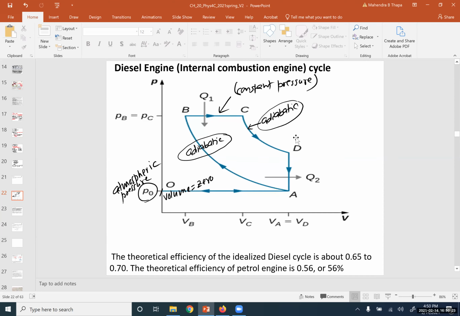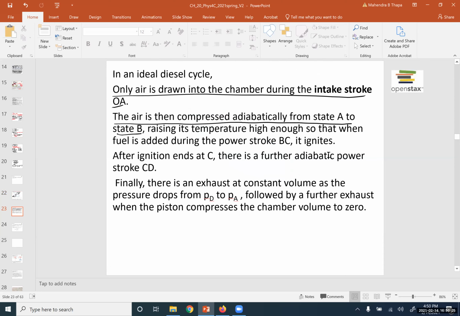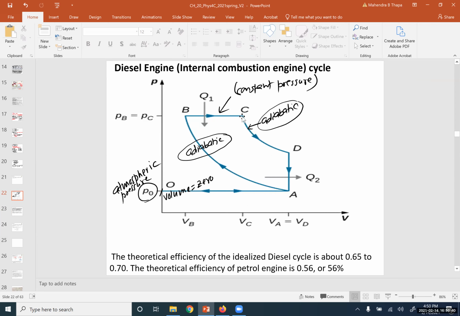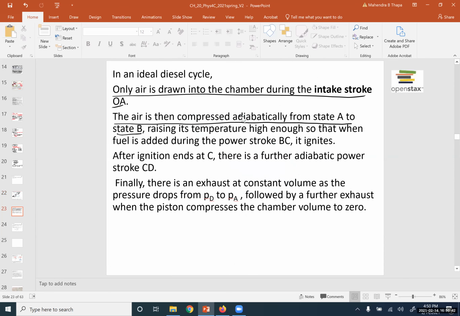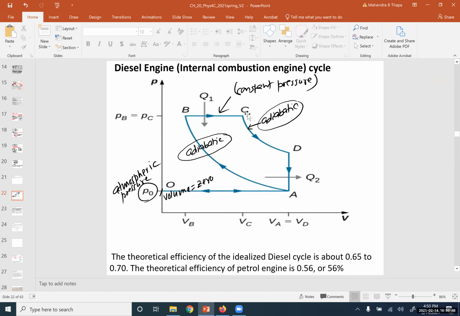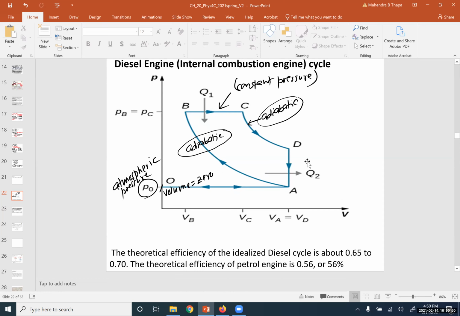Okay, so you see here that it says that raising the temperature high enough so that when fuel is added during the power stroke BC, it ignites. After ignition ends at C, what will happen? There is a further adiabatic power stroke, CD. So CD is also the adiabatic process.